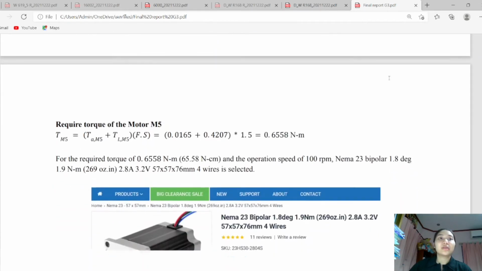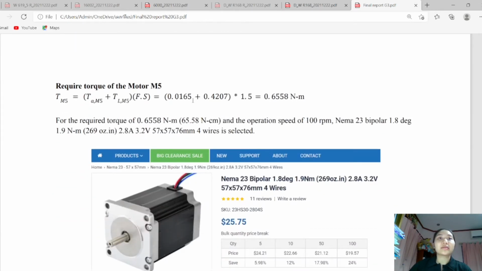So we got the torque acceleration as 0.0165 and load torque is 0.4207, and the required torque is 0.6558 Newton meter.